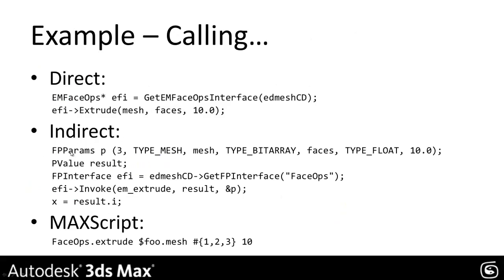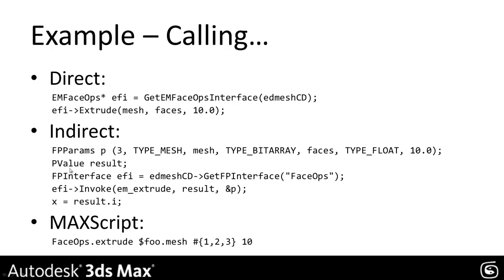So indirectly you can use some types that we also define in the function publishing interface. So you could say, okay, I want the function publishing params p. It's going to be 3 arguments. Well, the first one is type mesh. The second one is a bit array for faces array. And the third one is the type float. So you define that first. And then you set up a value to receive the result.